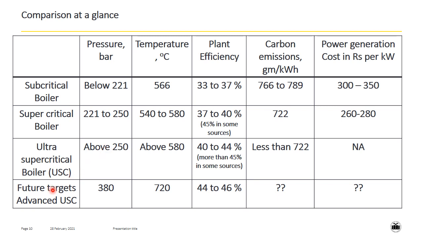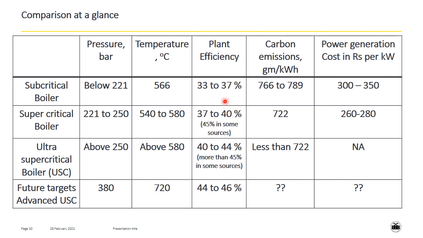Future targets are 380 bar. Temperatures: subcritical 566, supercritical 540 to 580 degrees centigrade, ultra supercritical above 580, and future targets are 720 degrees centigrade.